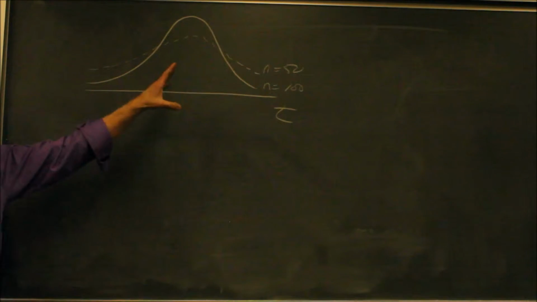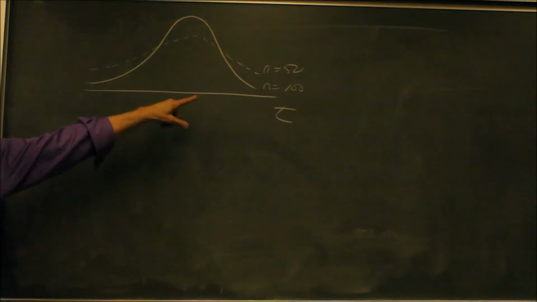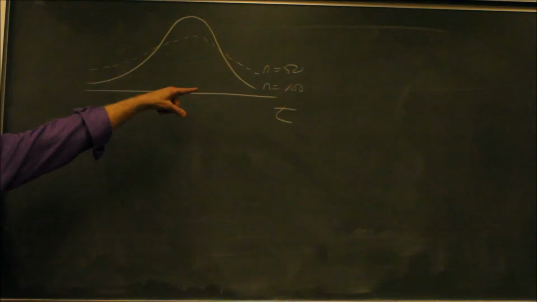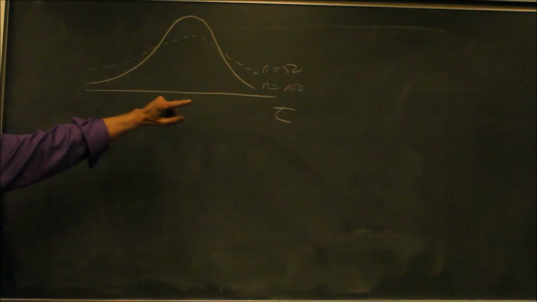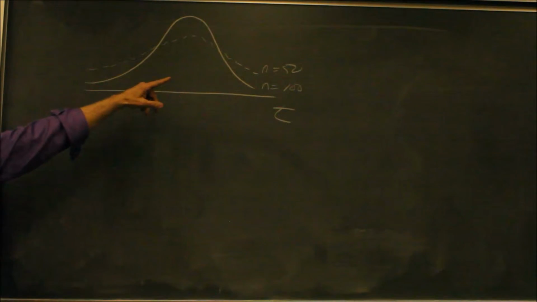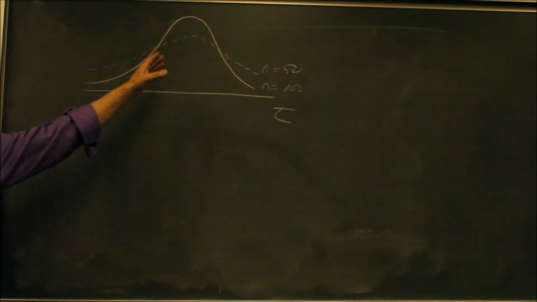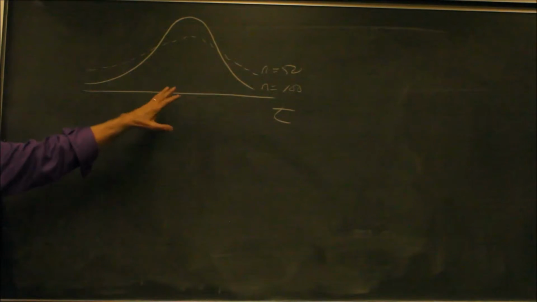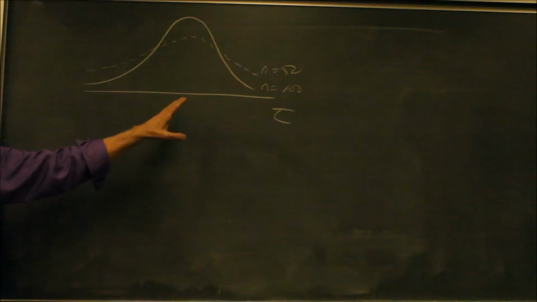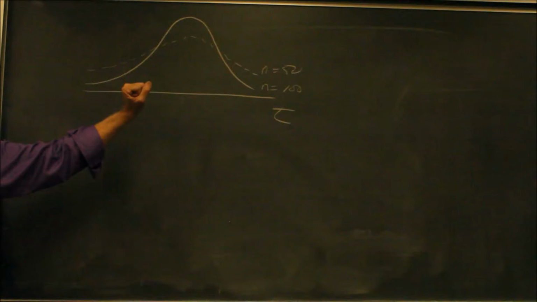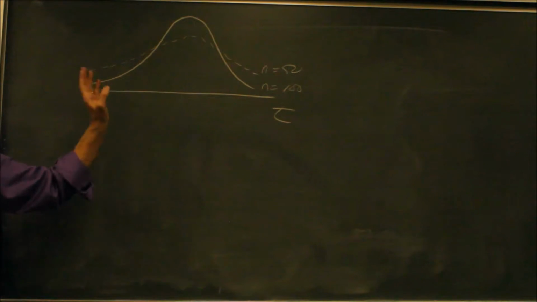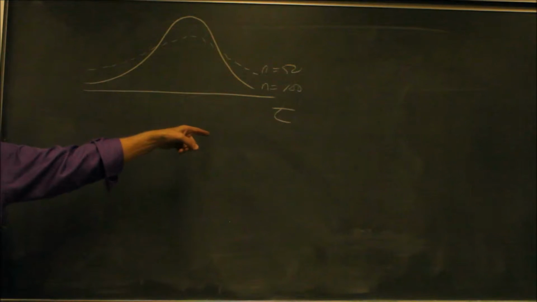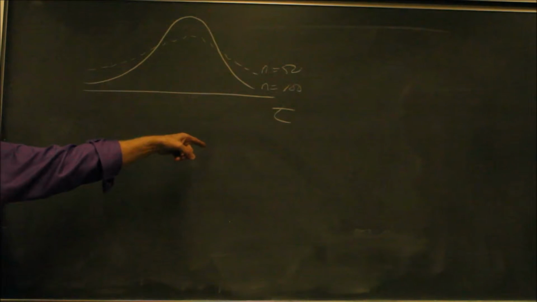It's a little fatter than when n is equal to 100. So when n is equal to 100, it looks more like the z distribution. When n is at 50, it looks less like the z distribution. And so the t-distribution is a function of the sample size. You have to know the sample size in order to derive the t score.